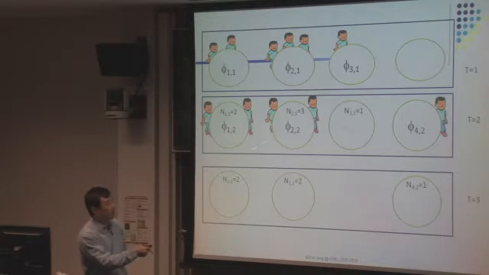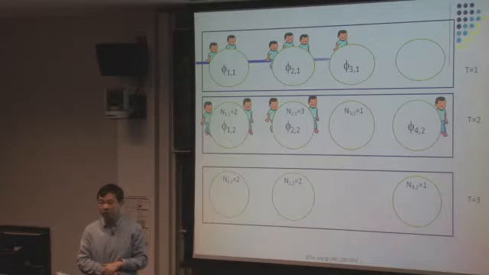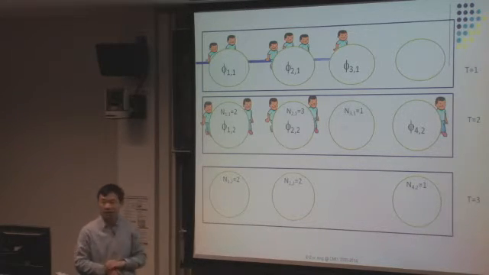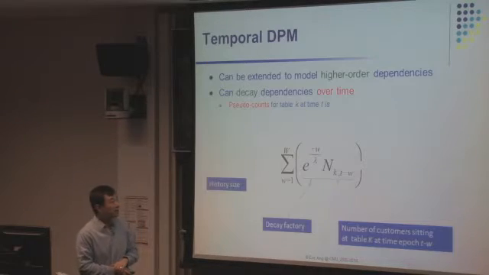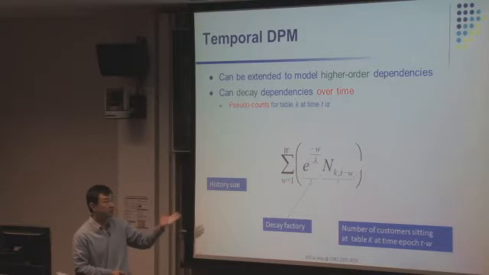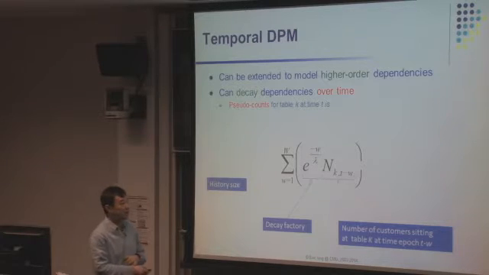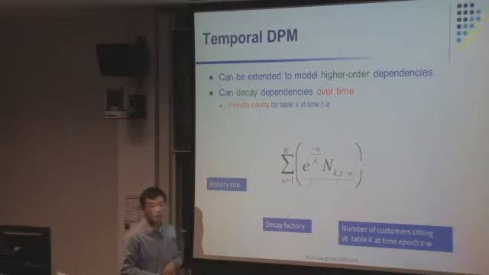For example, here I'm assuming a first order Markovian, meaning that I only remember the table configuration from the immediate previous day, right? And there is nothing stopping me from being higher order Markovian. I can remember the table configuration for the W previous days. And I can even give them a discount.